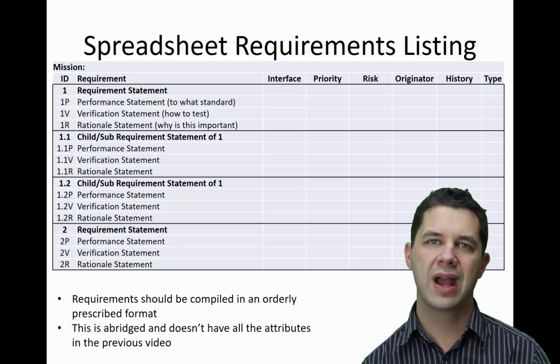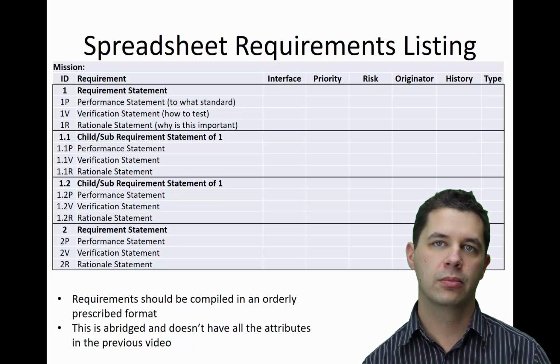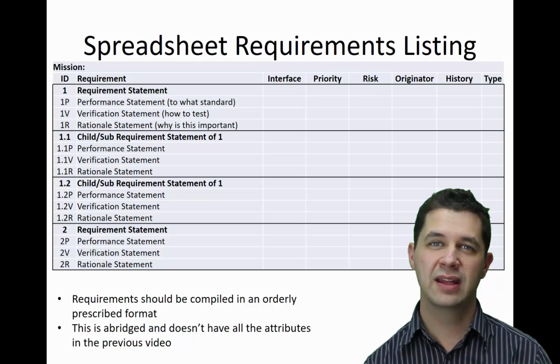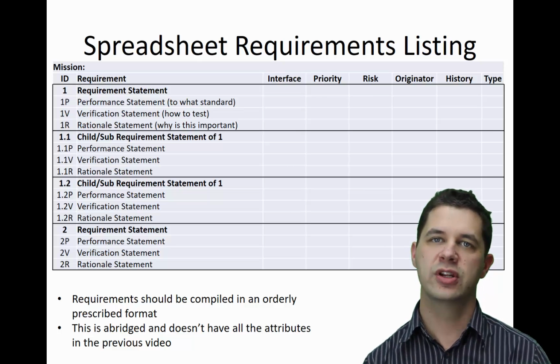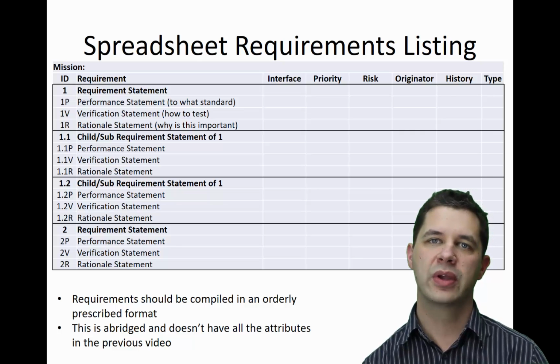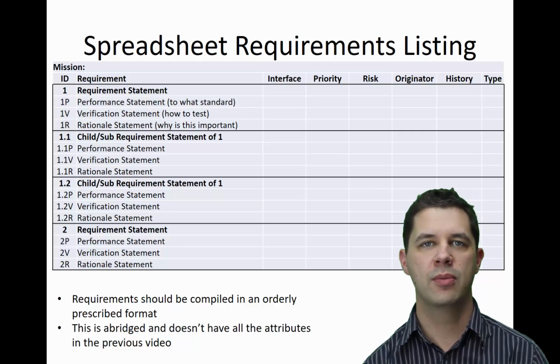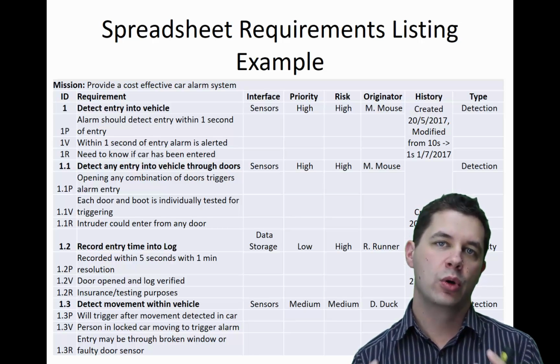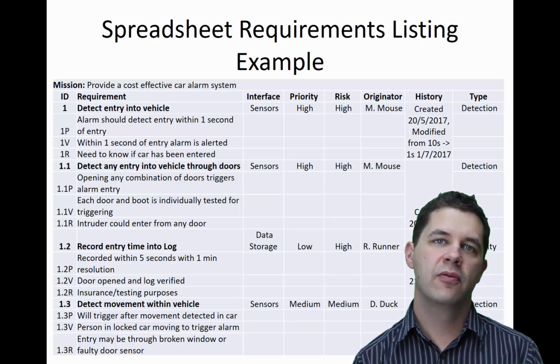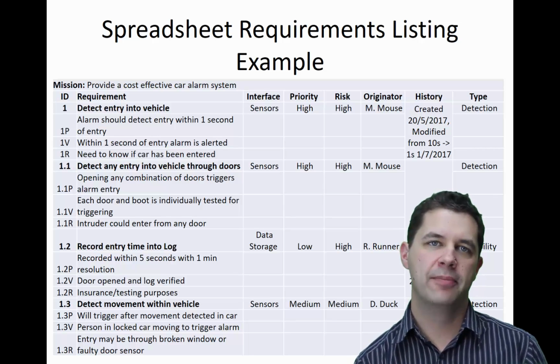Our originator or our source, who actually proposed it or where was it proposed. The history associated with it, and the type, so we can classify and search based on our requirements. So let's briefly look at an example of our requirements listing filled out in this spreadsheet format.